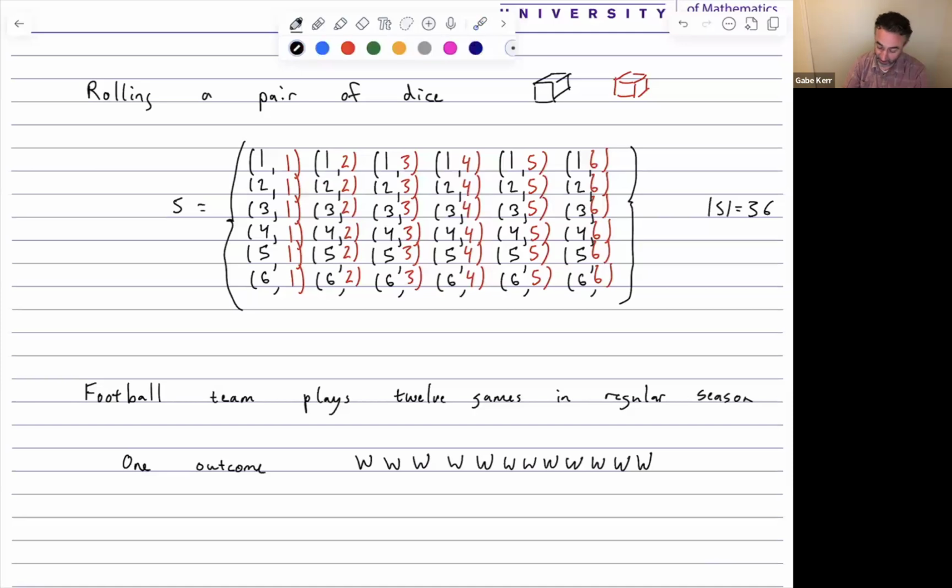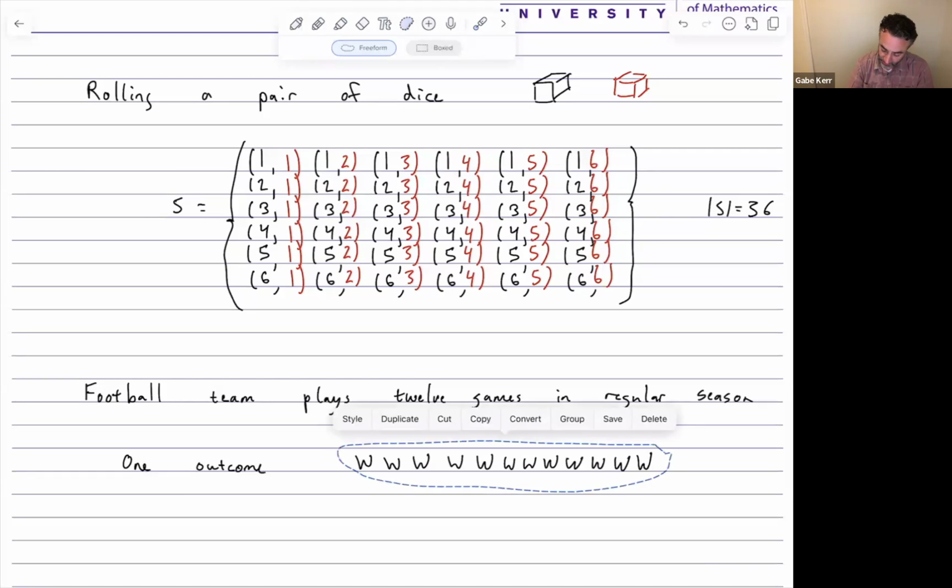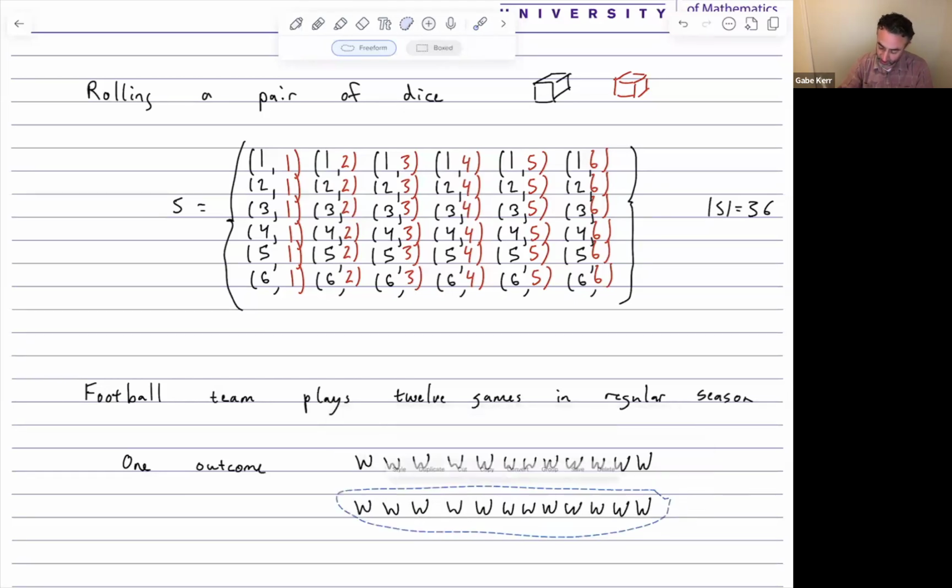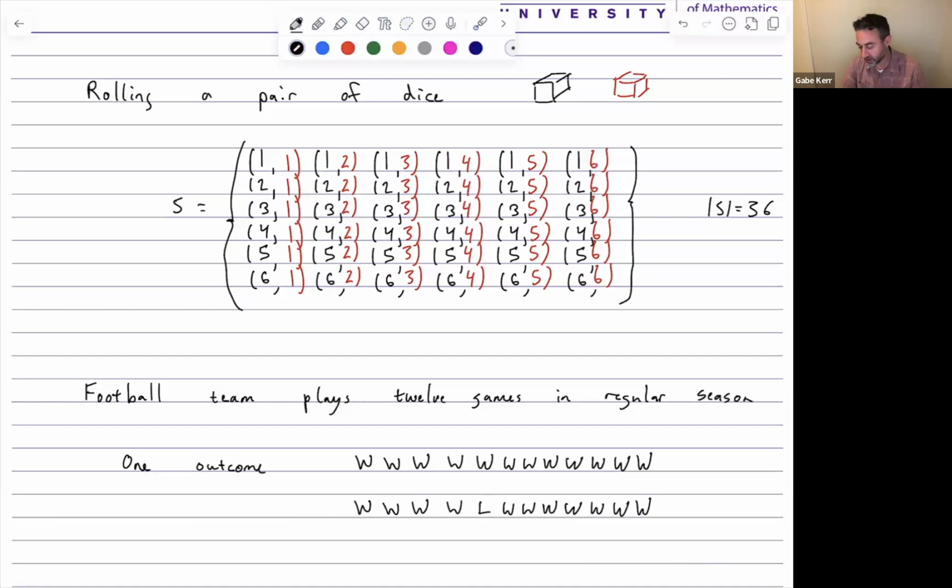Sadly, this is maybe not the case for your team this year, but nonetheless, this is an outcome. Now, you can see already that if you just flip one of these wins to a loss, you're looking at a different outcome because, of course, this is an ordered set of wins. So switching this one to a loss tells us that they lost the fifth game.